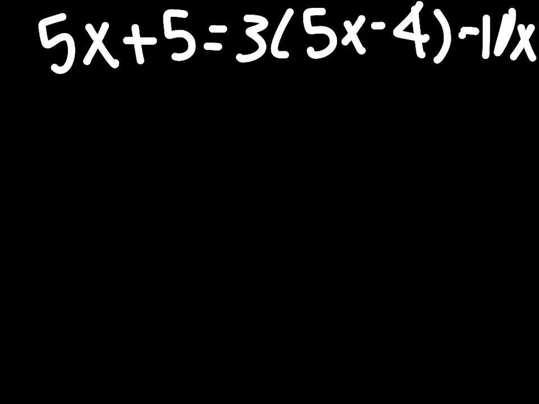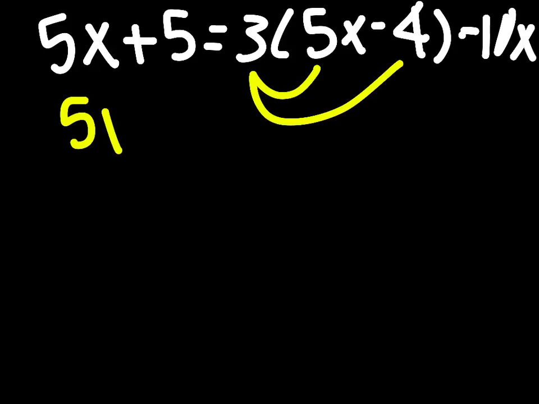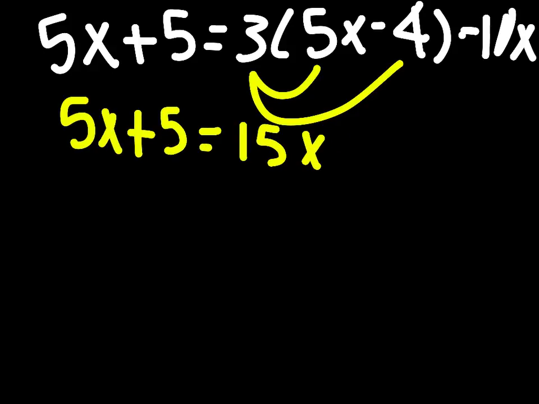Alright, so this is example 3, find special solutions. And so that means that you're going to be finding ones that they don't really have an answer. So I'm going to go ahead and go through this one with you. So we have the distributive property right there, so we're going to go ahead and do it. So 5x plus 5 equals 15x minus 12 minus 10x.